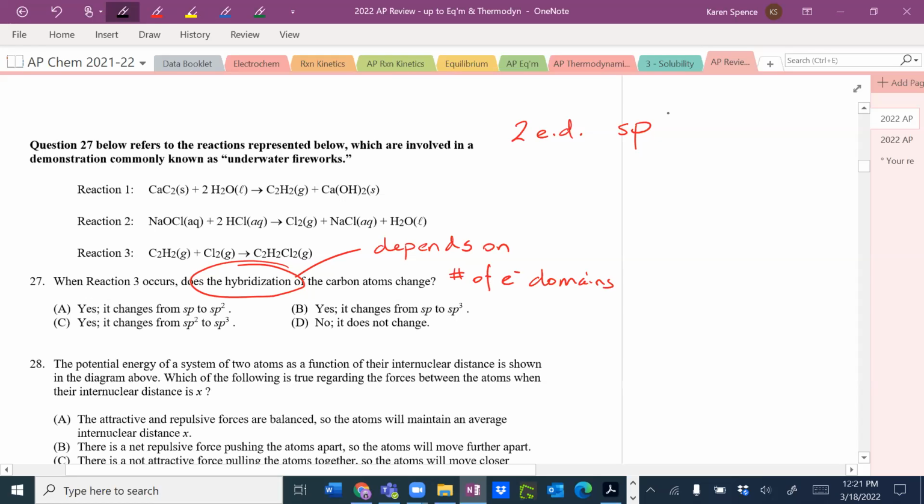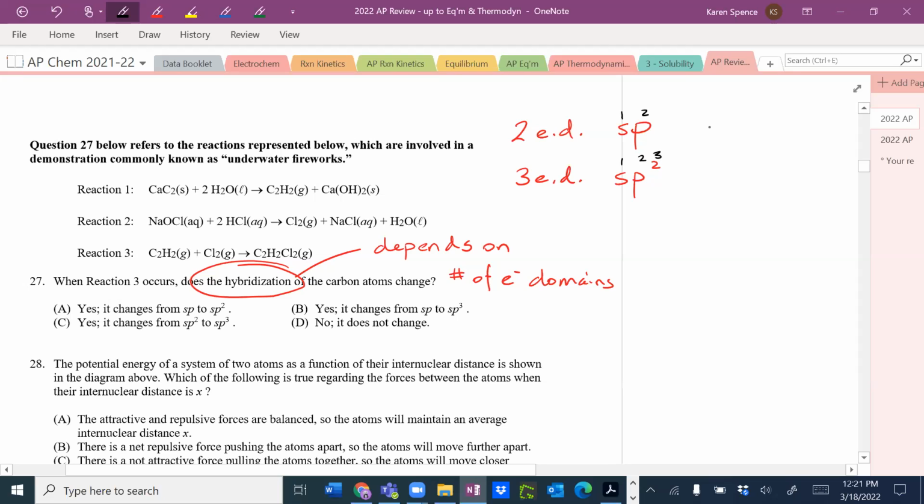Just go with me here. If you have 3 electron domains, your hybridization is sp2, which means you have 1 s and 2 p's.